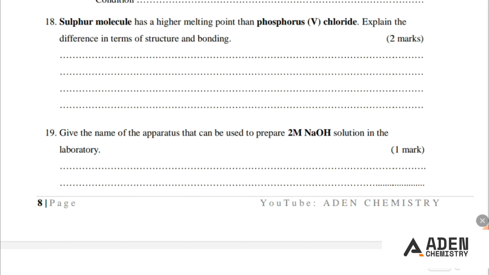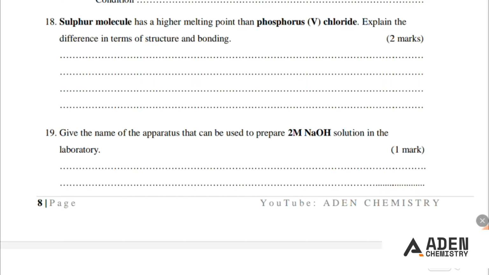We are told sulfur molecule has a higher melting point than phosphorus 5 chloride. Explain the difference in terms of structure and bonding. First of all, let's know that both sulfur molecules and also phosphorus 5 chlorides are molecular substances. So that means all of them are having covalent bonds. But besides that, sulfur molecules exist in S8 puckered rings.